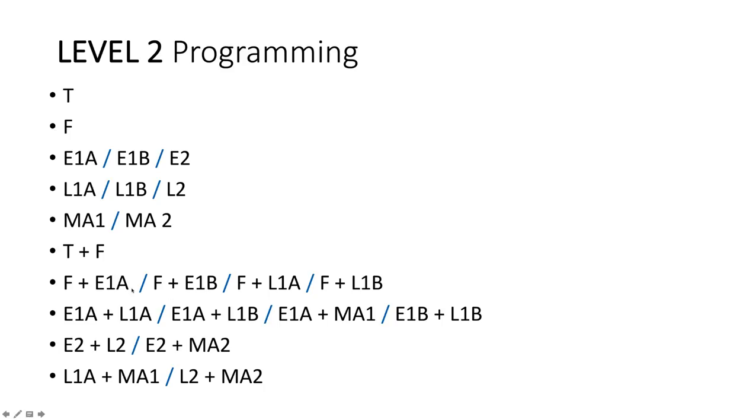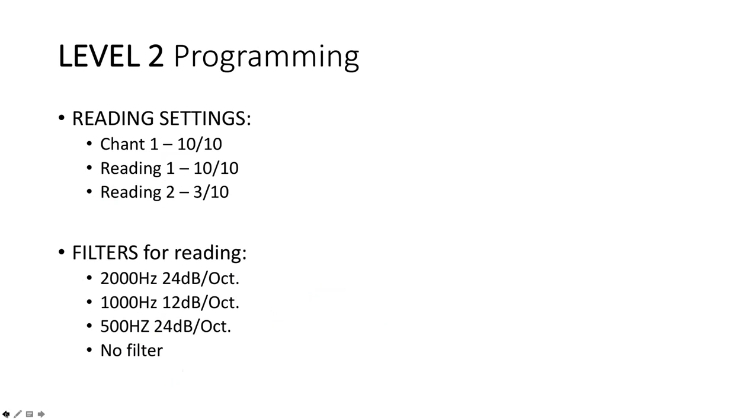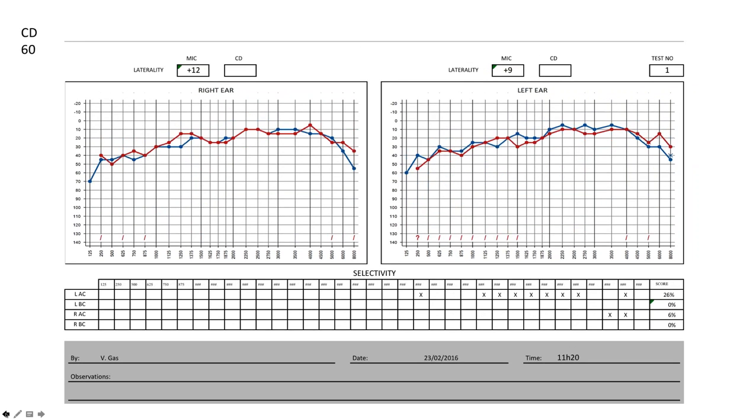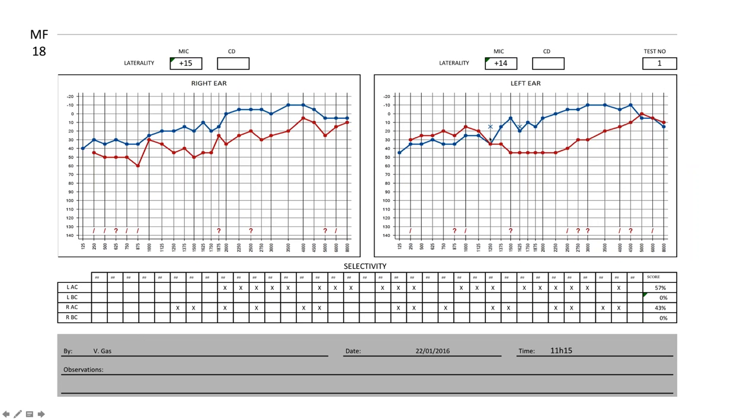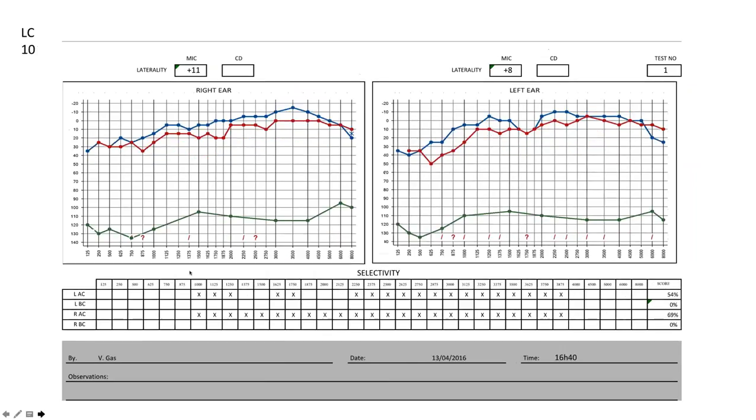But most of the cases I look at, if I go back to my listening test here, with the gaps and the imbalance that we have here on the vestibular area, I would just do an F program for this case. If I go back to this case, this is probably the only one where I could maybe say, maybe I can mix F with an emotion 1A program, or maybe F emotion 1B program, because selectivity is very close.